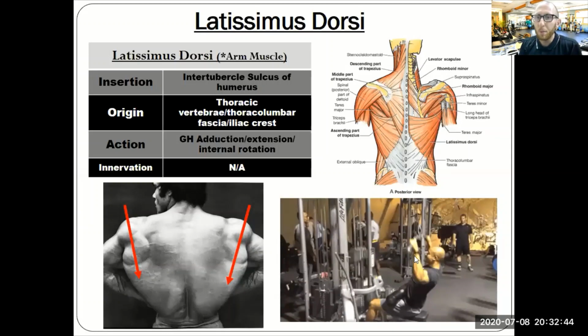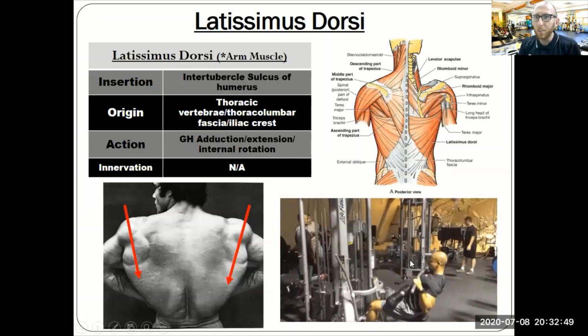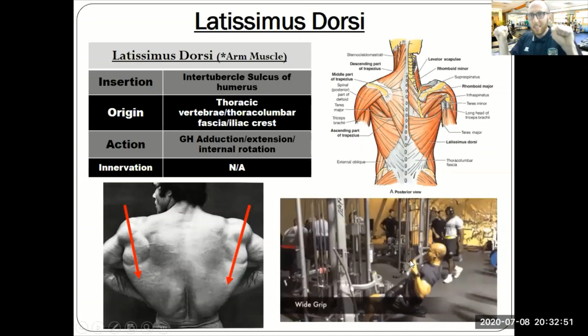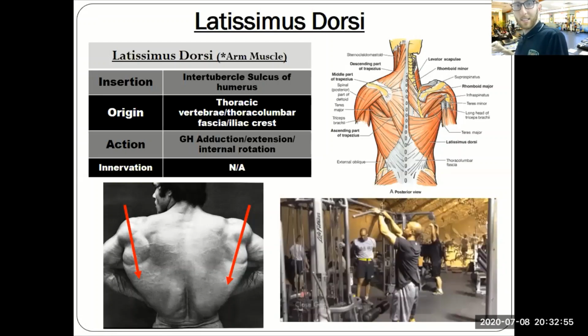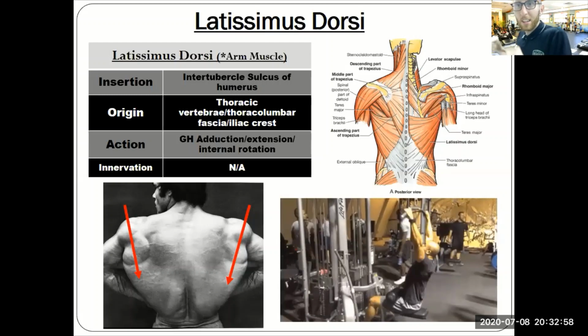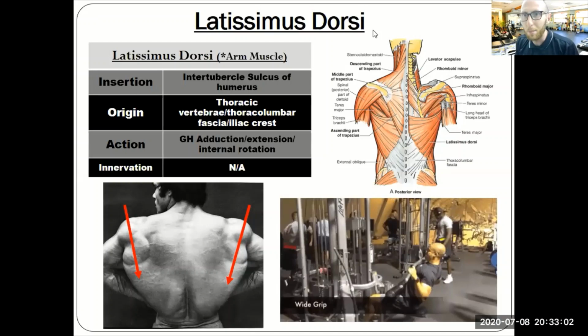We see this performed in a lat pull down exercise where he is pulling down, he's adducting, extending, maybe not internally rotating, but he's doing 2 out of the 3 actions, which will definitely work that muscle.